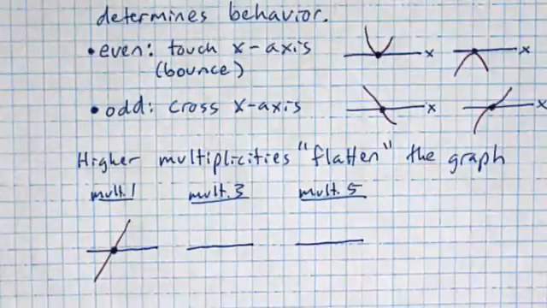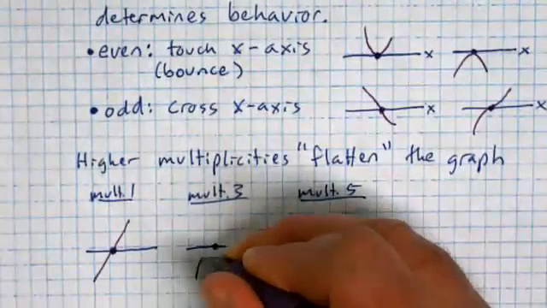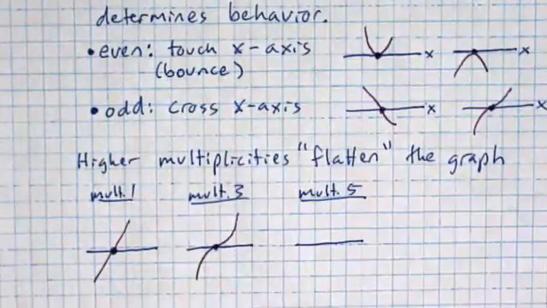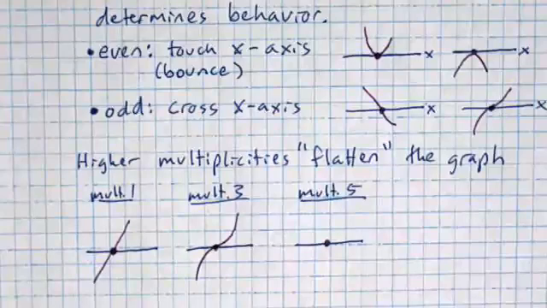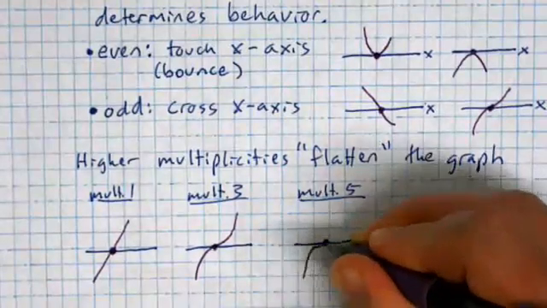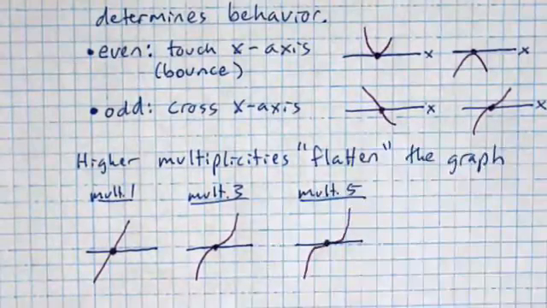If the multiplicity is 3, it's going to cross it, but it's going to kind of hesitate a little bit when it gets close to it. You'll see kind of a more S-shaped curve if it's multiplicity 3. If the multiplicity keeps bumping up, this is just going to flatten more and more and more. So multiplicity 5 is going to kind of flatten even more in that spot. Still going to cross, it's just kind of flattening out at that intercept.